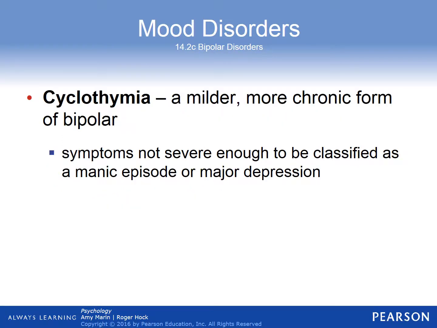Another type of bipolar is called cyclothymia, which is a milder, more chronic form of bipolar. They're not as severe symptoms, but they tend to last longer. So there's still the ups and downs, but it's more over a longer period of time, as opposed to the bipolar, where you'll see extremes, but the period of time for the cycle is shorter.